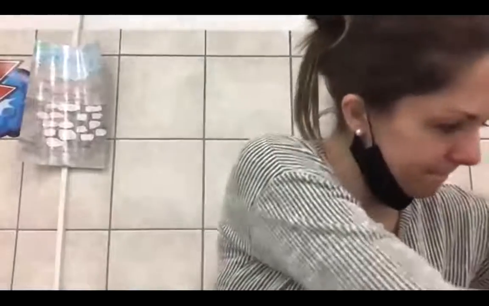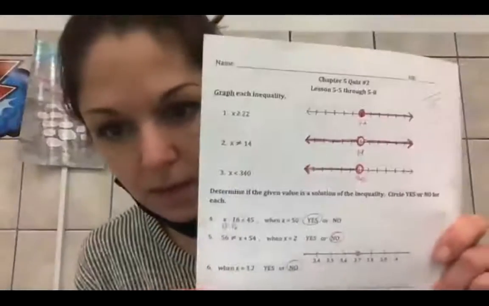I'm not sure if you happen to see that the corrections video went live. I'm about halfway through your class grading your chapter 5 quizzes on the inequalities, this quiz. I'm about halfway done, and all of my online people, I have manipulated your quiz on the screen.